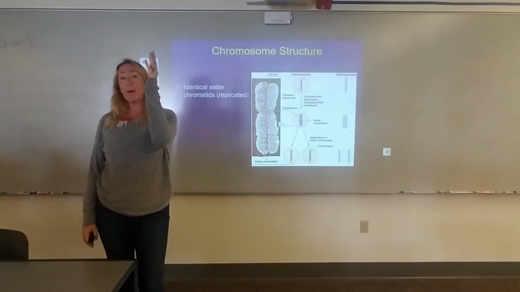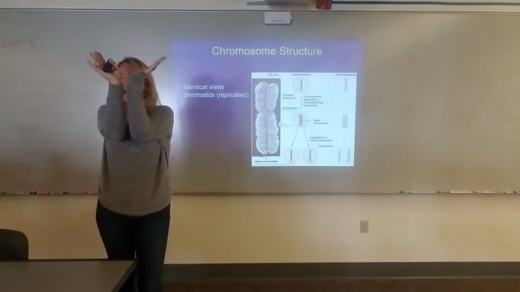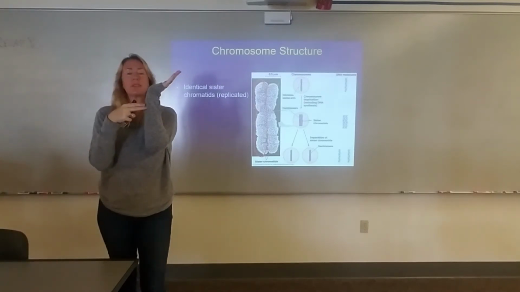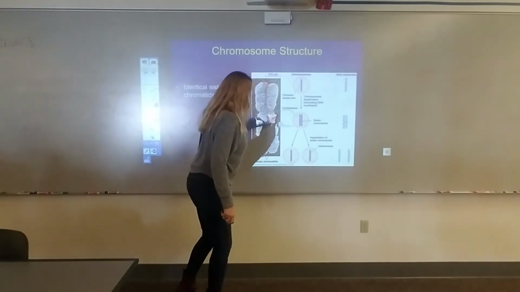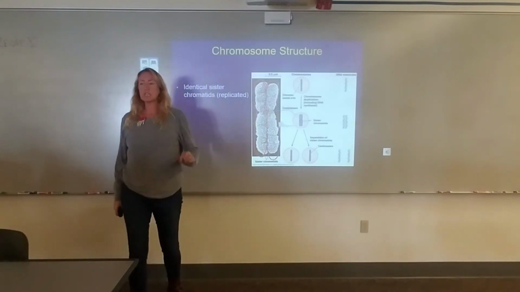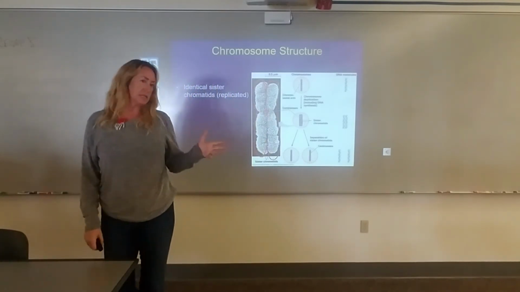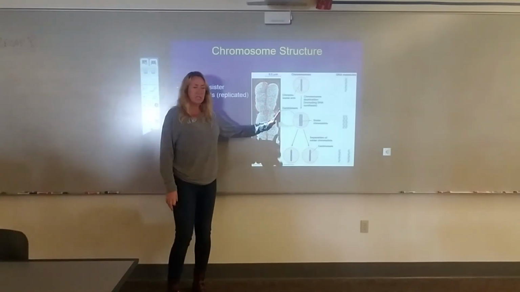And then when I replicate that DNA, there's enzymes that copy that. Now I have an exact duplication. They're tethered kind of at the waist, which we call the centromere. That's a duplicate. We call those sister chromatids. That's easy to remember. They're sisters, little identical twin sisters, just sister chromatids.